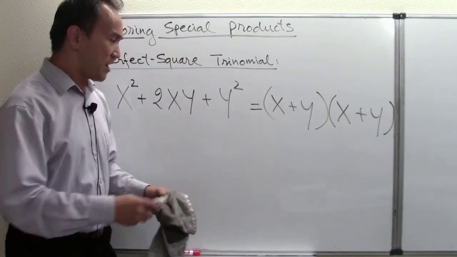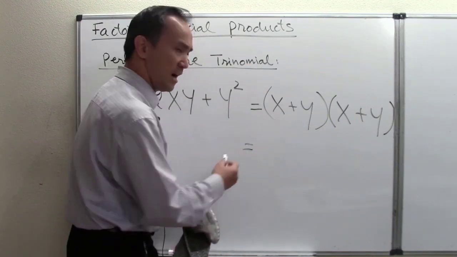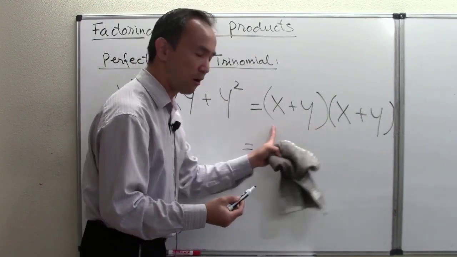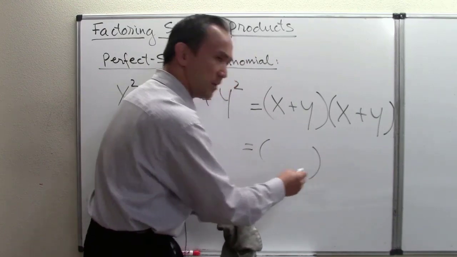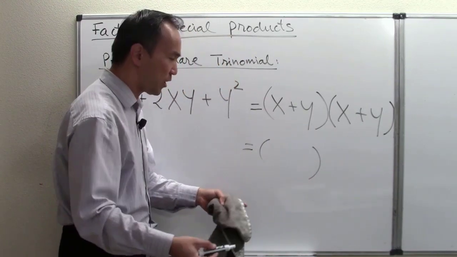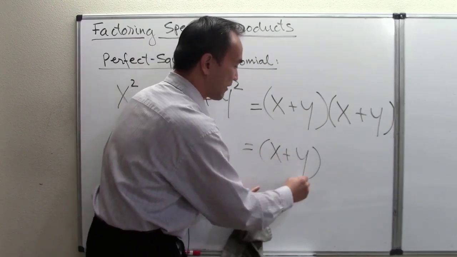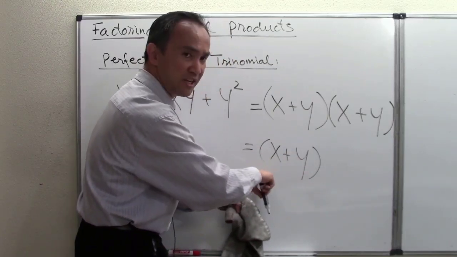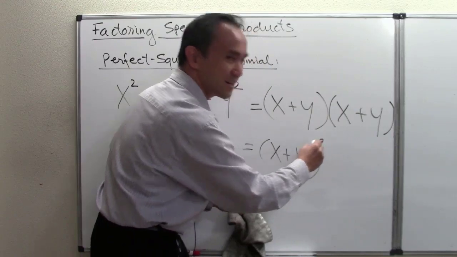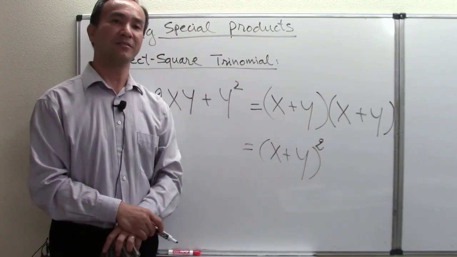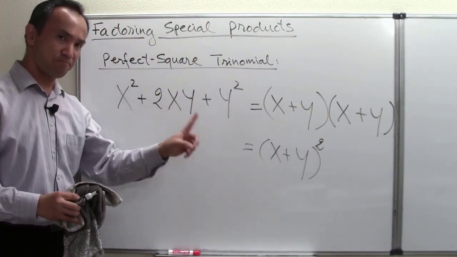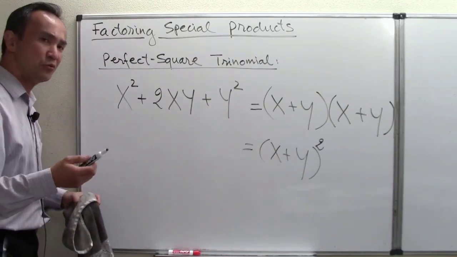And in that way, we can algebraically rewrite all of this. Anytime we have identical factors, we can rewrite it as simply one of that factor. So x plus y, we only need to write it one time, but we put the square here. All right, so now I've come to a realization.